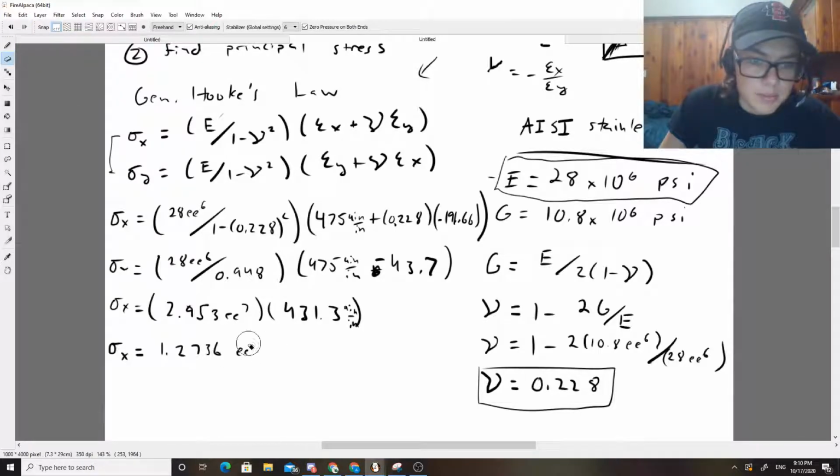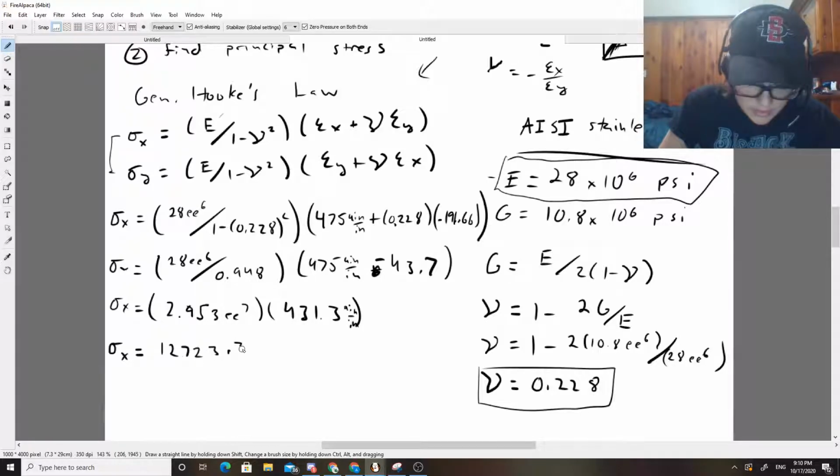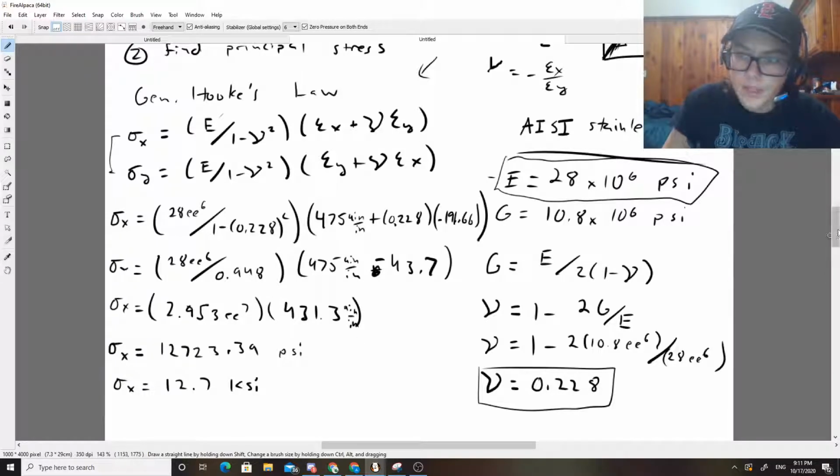I just misplaced a 0 on my calculator, so sorry about that. The real number is equal to 127,339 psi. And to make this a little neater of a number, we'll put this in 12.7 ksi. Okay, cool.